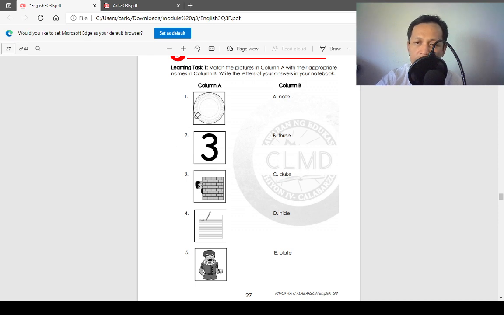Okay, so we have here the picture, and then we have here the word. So I'm giving you 20 or 30 seconds to answer the exercise. Are you done?